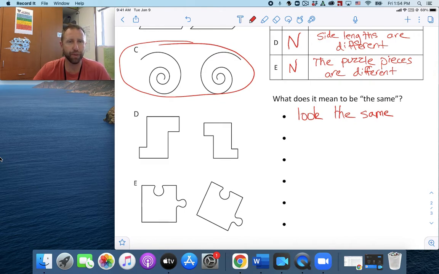We have a bunch of bullet points we're going to try to fill in here. Because if they look the same, that doesn't necessarily mean that they are the same. And we found that out with E. I think using those words that we've talked about before, congruent is the same. So, are the sides the same? Side lengths, I should say.